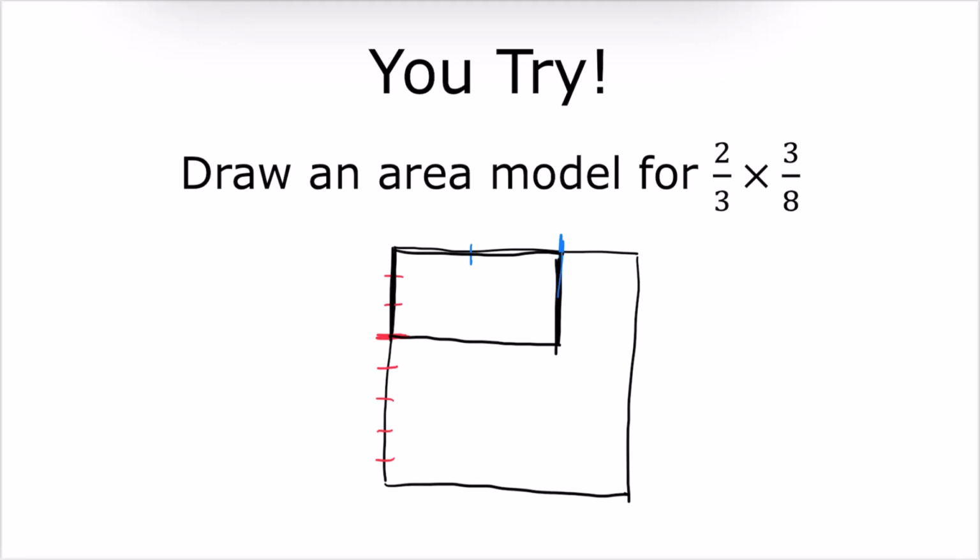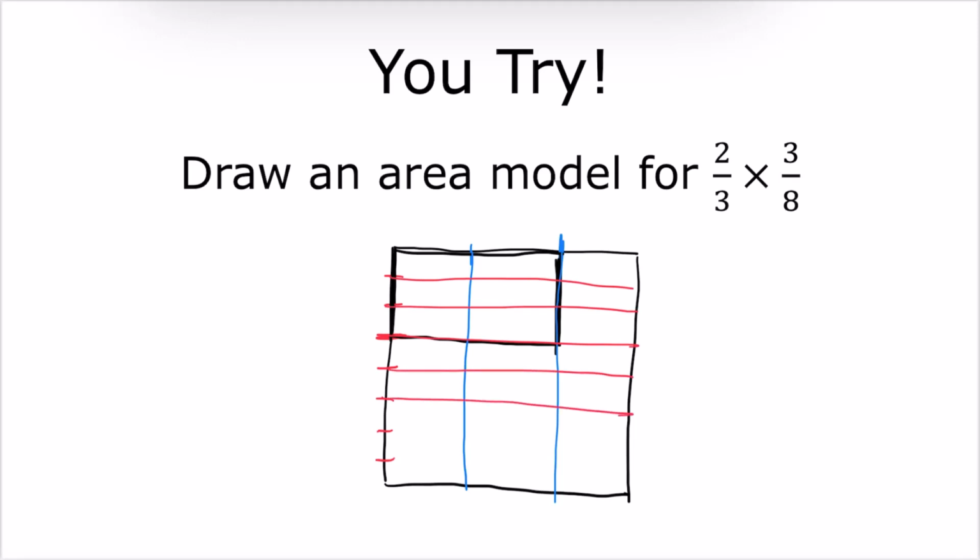And if I extend these lines like this and extend these along here, we can see that we have 3 columns of 8 rows, which means that the number of these rectangles that I've drawn that we have total in the entire square unit is going to be 24. And then inside of the rectangle that I'm trying to find the area of, I would have 6 of those rectangles. And so 2/3 times 3/8 would equal 6/24.